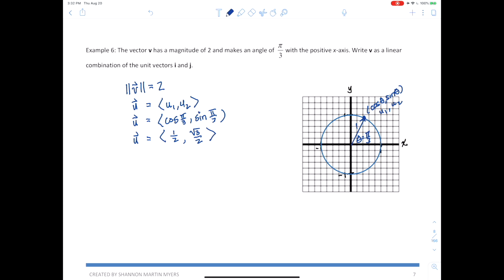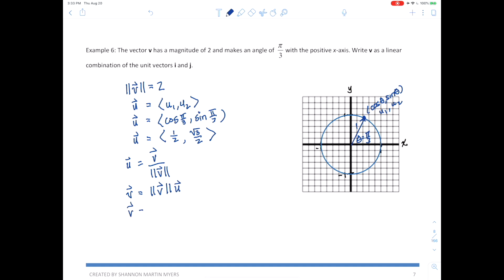So here what we've orchestrated this to be is that u is equal to v over the magnitude of v. But in this case, we know what u is, right? So if we isolate v, which is what we're looking for, that would be equal to the magnitude of v times the vector u.